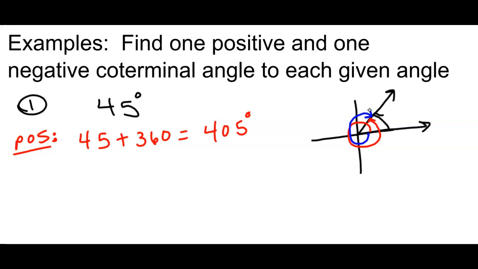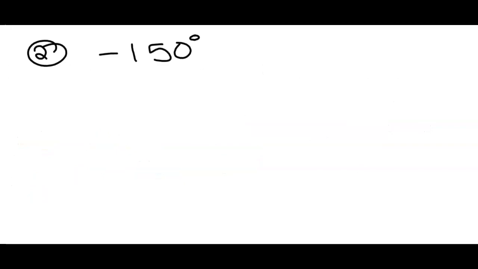And also it went backward. So for your negative, take the angle they give you, subtract the rotation. So 45 minus 360, that's going to give you negative 315. That's all there is to it. All you're doing is adding and subtracting.